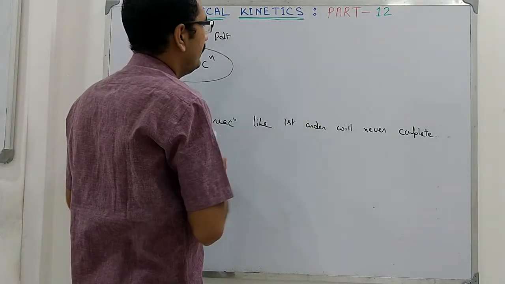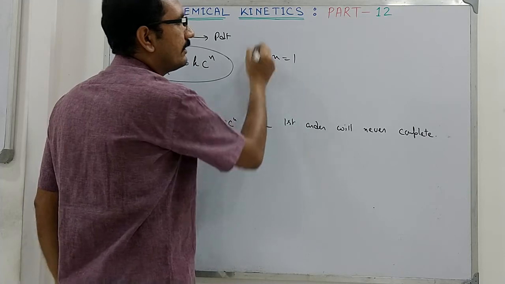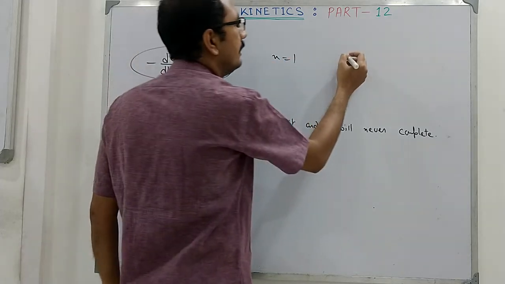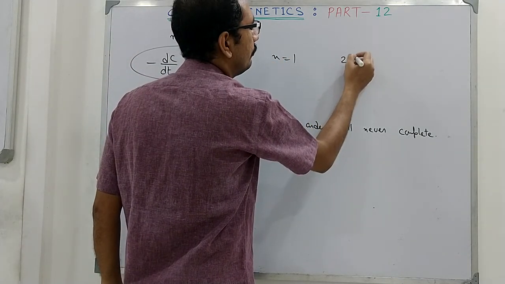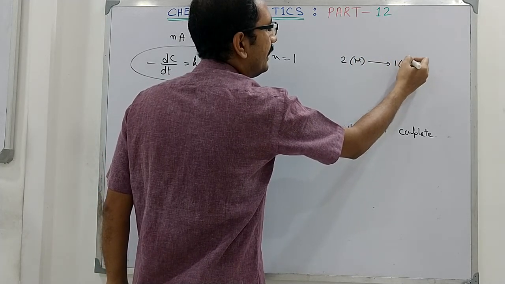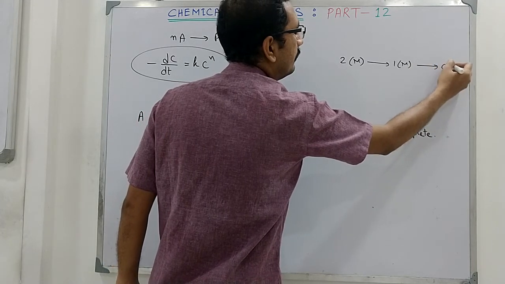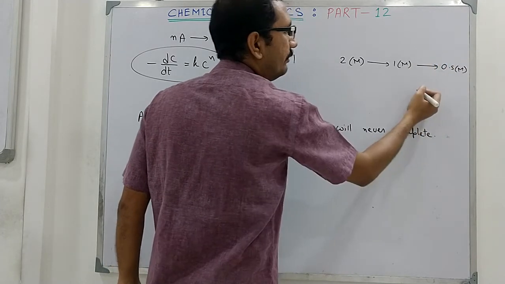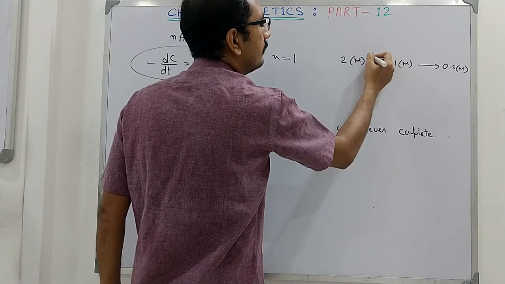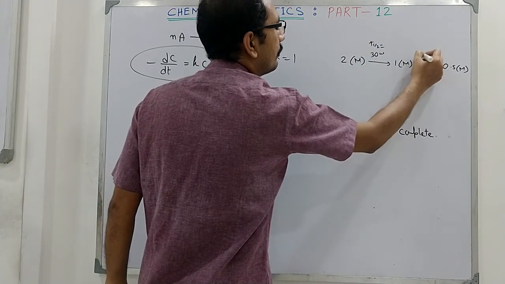Now if it is a first order reaction, then there is an understanding such that if you start with 2 molar concentration, the time required for getting it to 1 molar is equal to that required to convert it to 0.5 molar. So if the half-life is 30 minutes, it is also 30 minutes.